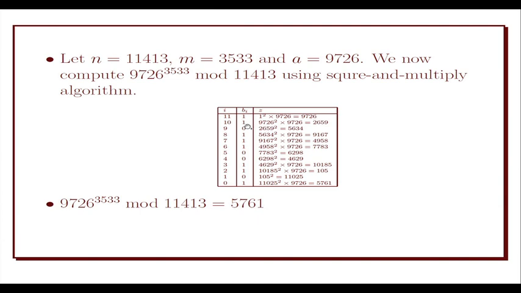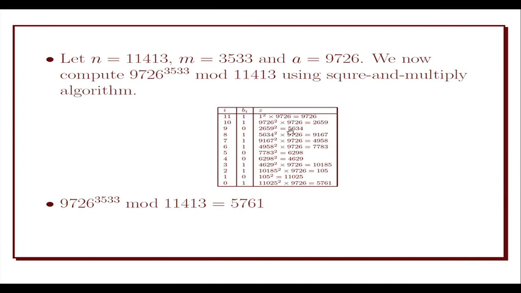Then again bi is 1, so again we square z, and then multiply with a, and we get this. Every operation is under mod n, so this into this mod n gives us this. Now bi is 0.